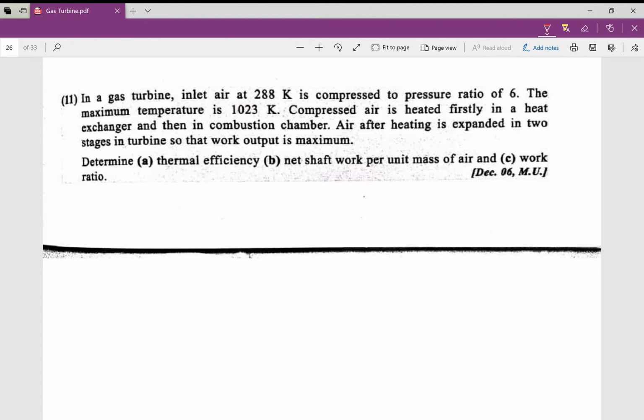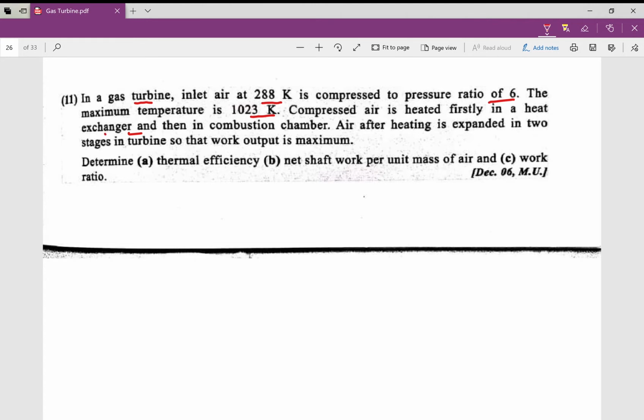Next numerical is given as: in a gas turbine, inlet air at 288 Kelvin is compressed to a pressure ratio of 6. The maximum temperature is 1023 Kelvin. Compressed air is heated firstly in a heat exchanger and then in the combustion chamber.